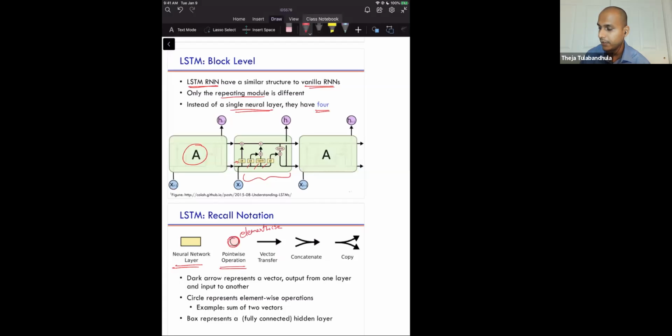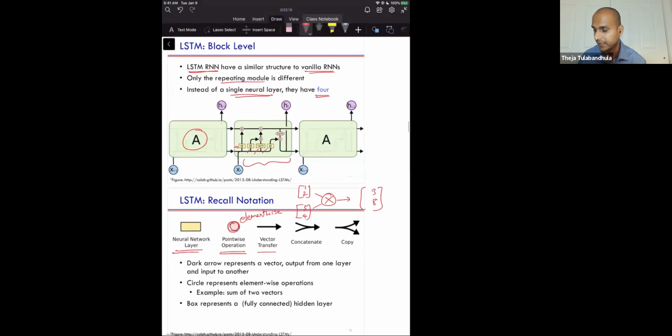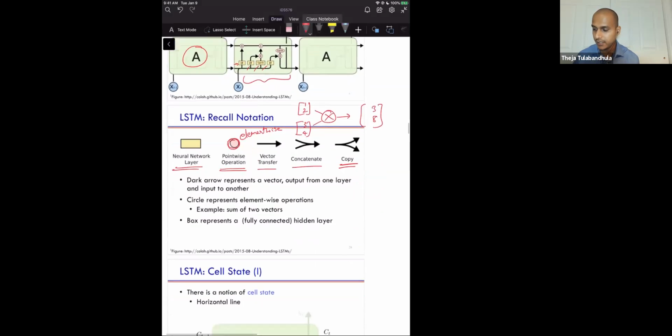So if I multiply 1 and 2 with 3 and 4, the output is going to be 3 and 8. It's just multiplying 1 with 3, 2 with 4, coordinate-wise operations. And then this is concatenation, which we already discussed, and copy, which we already discussed.